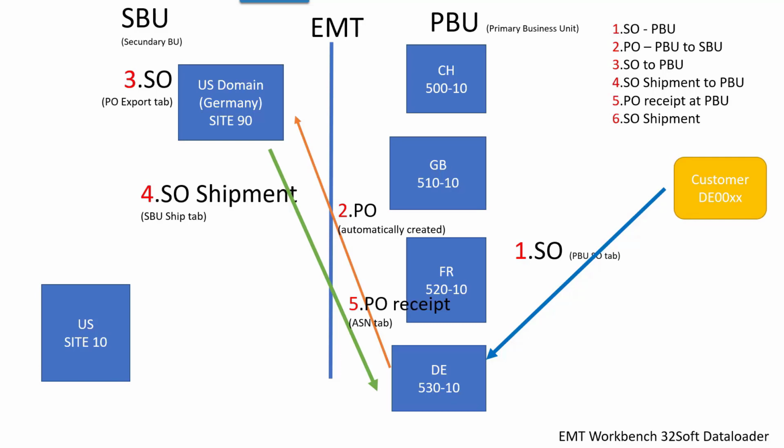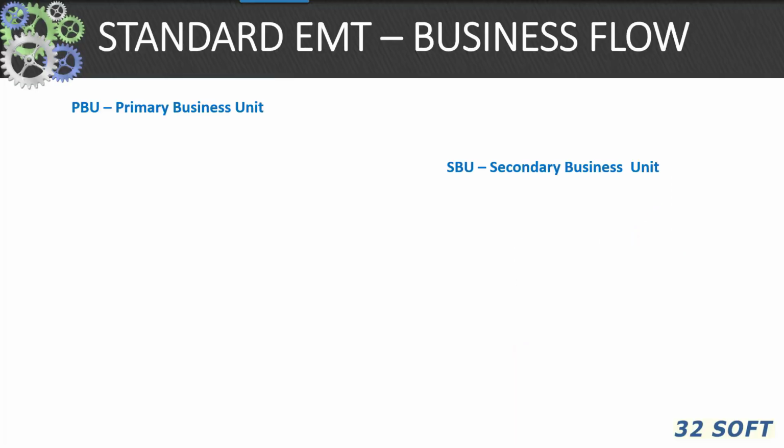That sales order then is going to be entered, and the US domain is going to procure or manufacture, or whatever they do to get the product. Then they're going to ship it on an SO shipment back to the German domain. The German domain is going to ship back on their sales order to the end customer. So you can see that it is a somewhat complicated process.